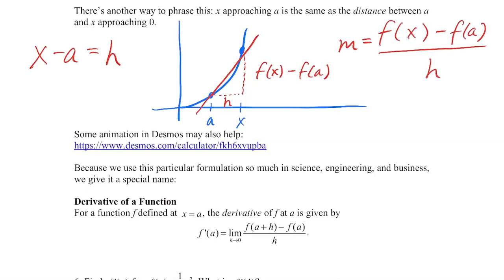Now, if h is x minus a, then something else could be said. We could say that x is a plus h. And I see an x right here.